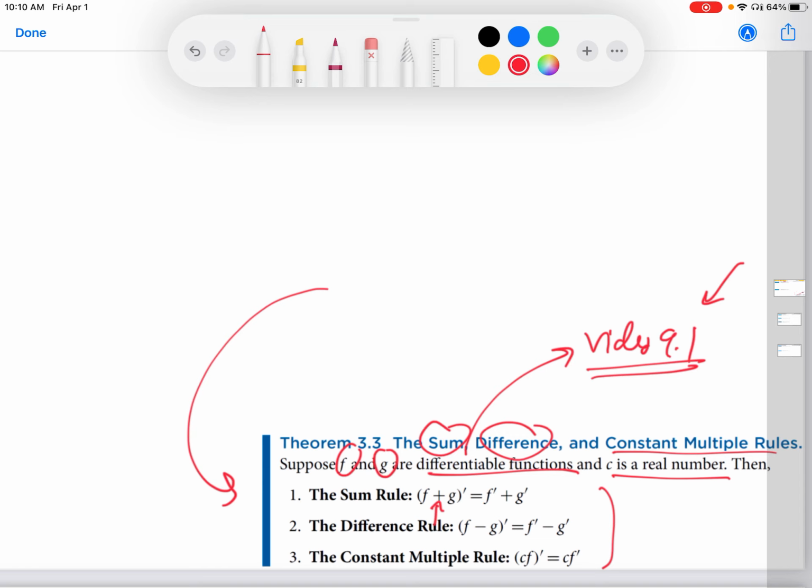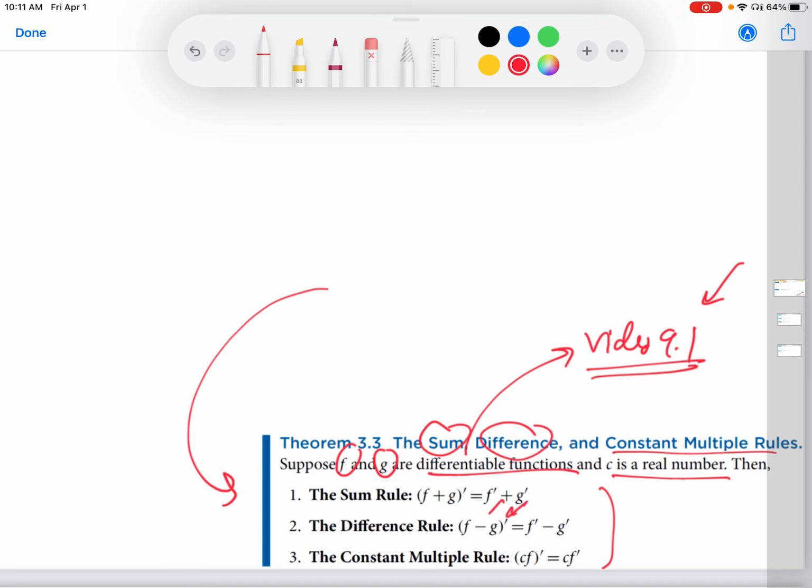Then, these 3 rules, what do they say? If I have a sum of 2 differentiable functions, then the derivative is the sum of their derivatives. Said more succinctly, the derivative of a sum is the sum of the derivatives. Great. A similar thing is true for difference.